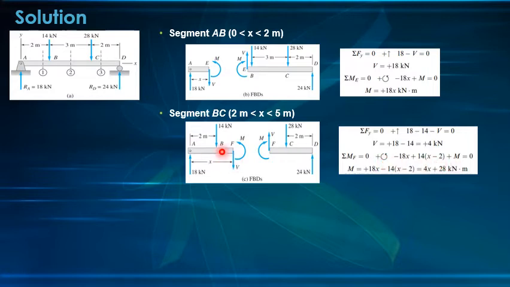Multiplied by the distance of F to this 14 kilonewton load, that is actually x minus 2. Plus your moment at F. So we will arrive at the equation 4x plus 28 kilonewton meter. That will be our expression for the moment from 2 meters to 5 meters, for segment BC, class.